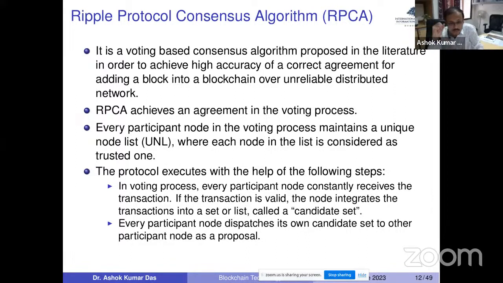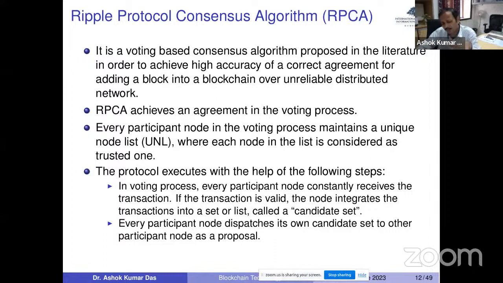Okay. So in this protocol, every participating node in the P2P network will maintain a unique node list known as the UNL. In case of the RPCA, during the voting process, each participating node will constantly receive transactions from all its peer nodes.